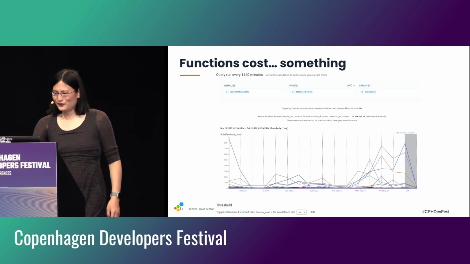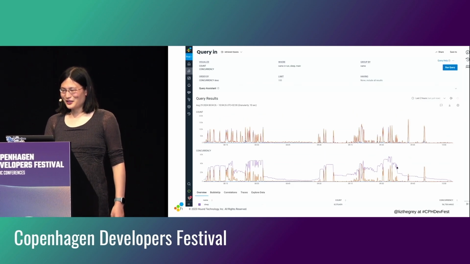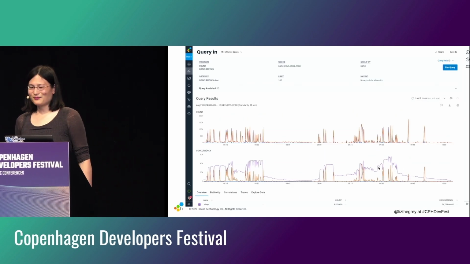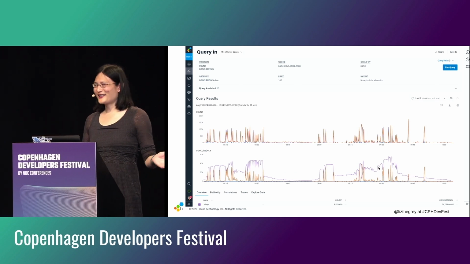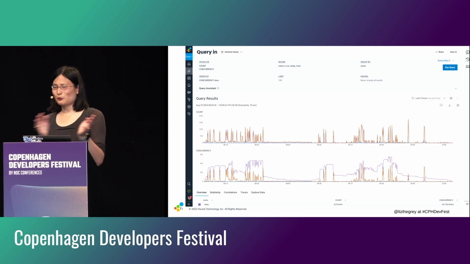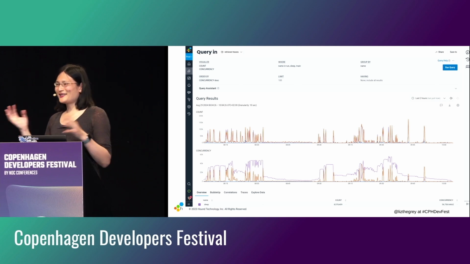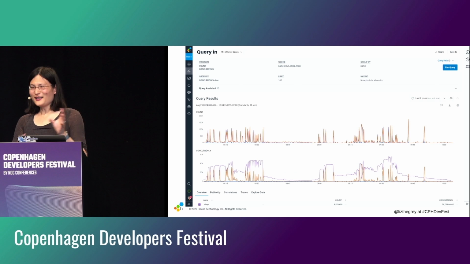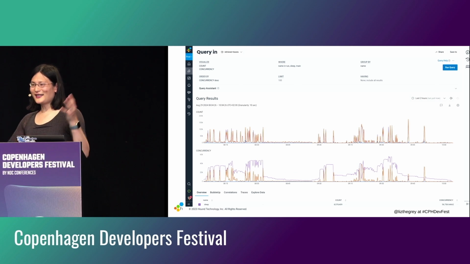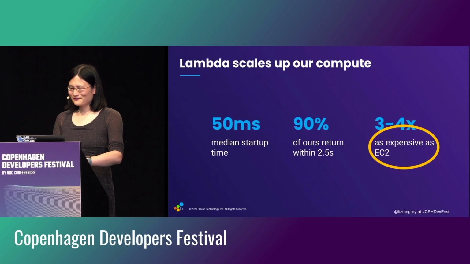Except, if you remember that slide I was showing you back here of our utilization, our average utilization is less than 5%. So effectively, AWS is only charging us for the seconds that we're running, which is kind of a 20x discount on this compute. The fact that they're charging us 4 times as much per second that we're actually running is vastly outweighed by the fact that they don't charge us when things are not running.